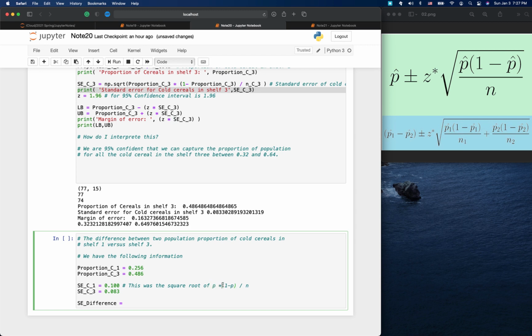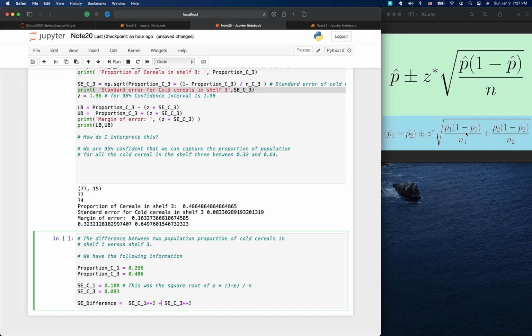I want to get rid of the square root because I want just whatever I have under the square root. So what I do, I will say this one power 2, and then this one also power 2, and add them to each other.